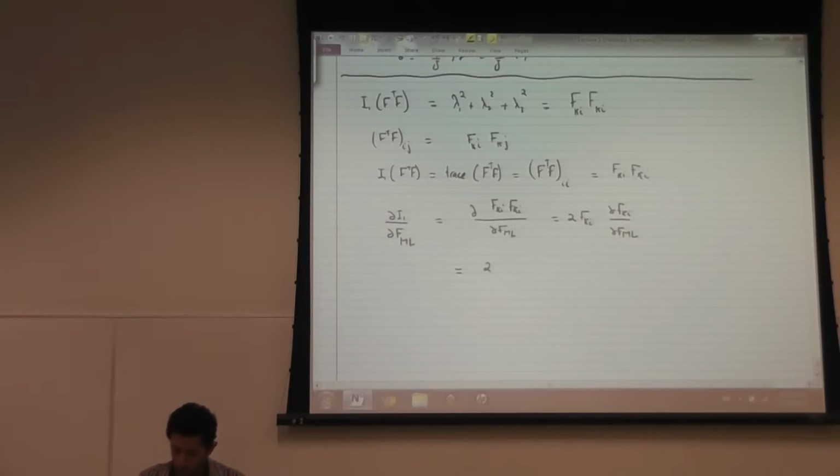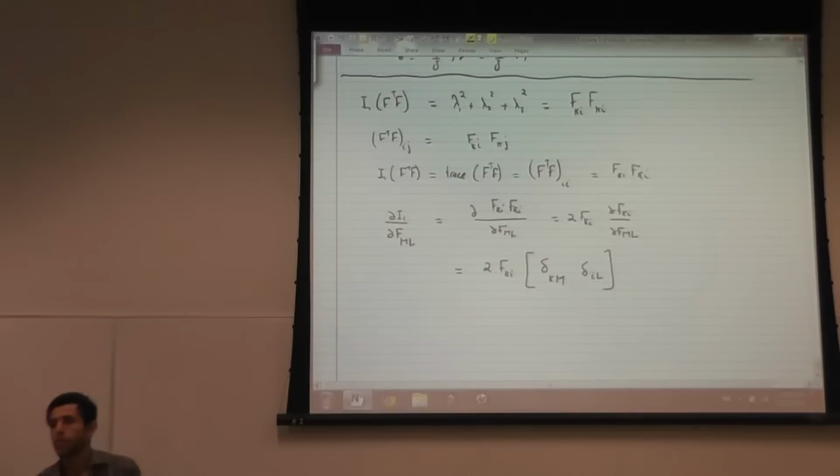This is equal to 2 F_KI multiplied by, this will only be equal to 1 when K is equal to M and I is equal to L. Otherwise it's 0, because these are independent components.